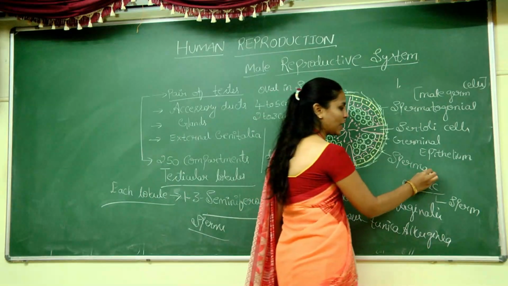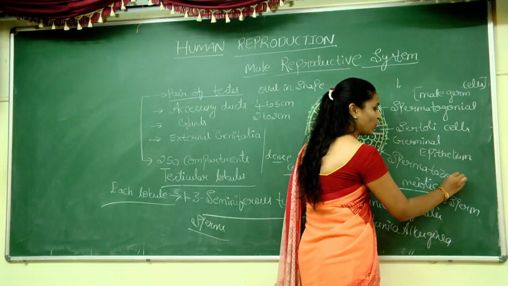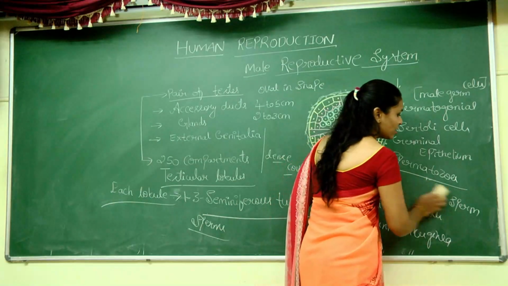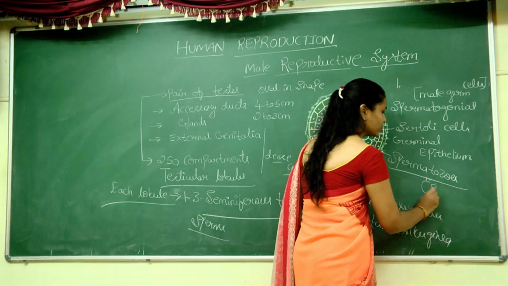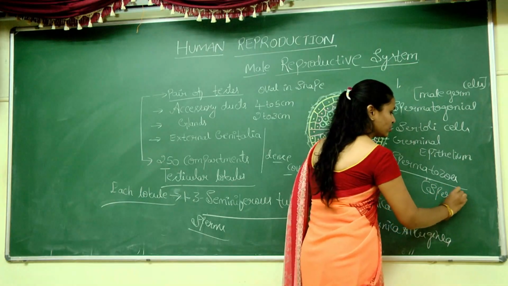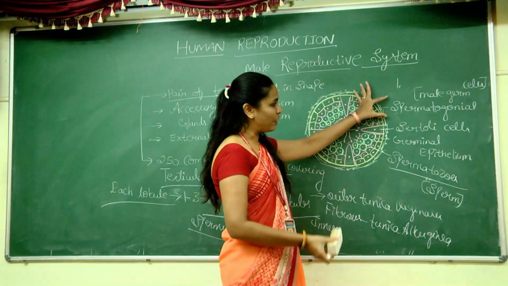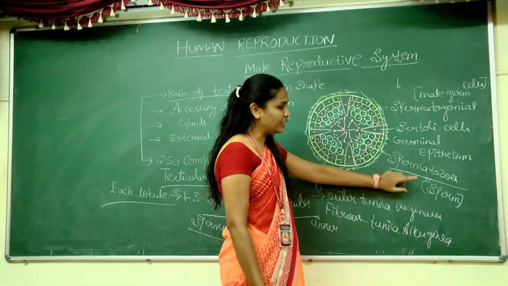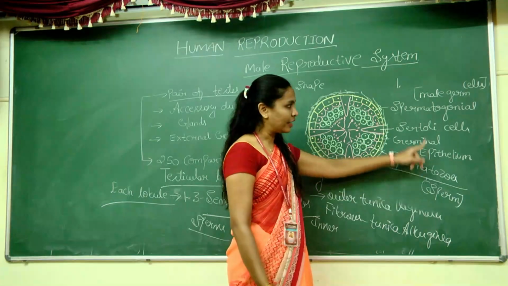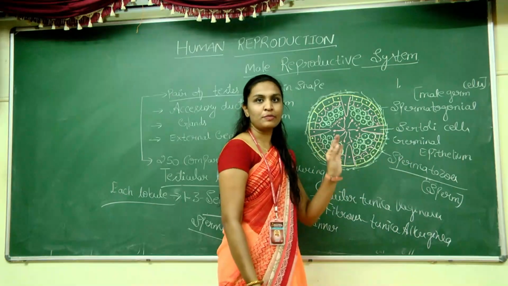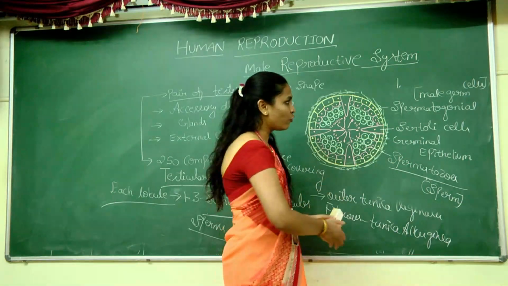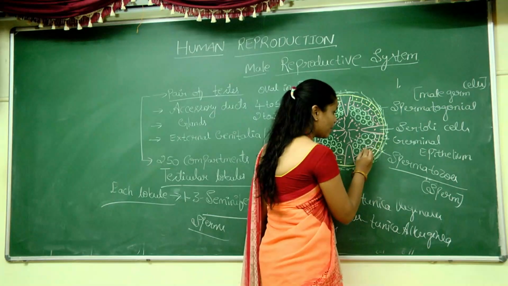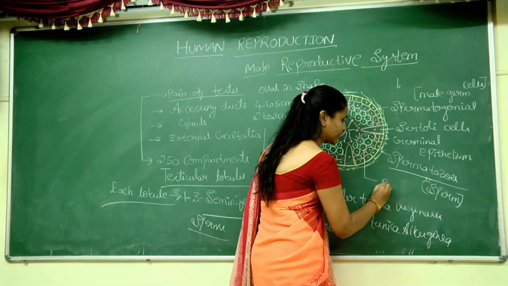Sperms are also known as spermatozoa. Actually, this process is called spermatogenesis. First, the spermatogonial cell is transformed into a primary spermatocyte.